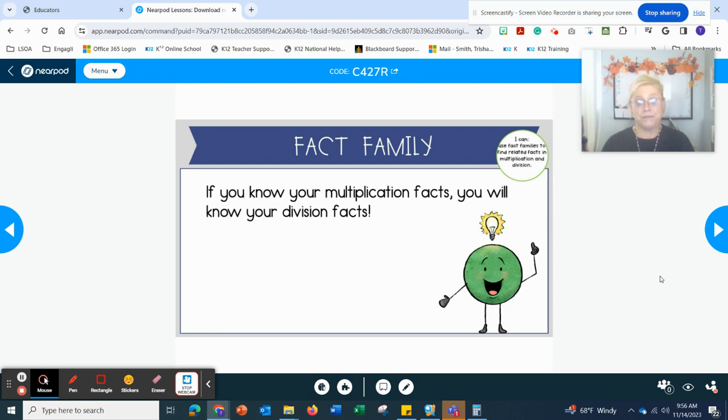I have to visualize it. To this day, it's so much easier for me to picture it out and model it out. But if you can develop the automaticity, you're going to get through these so much quicker. That's why doing the 99 math is so much better, because it helps you develop the automaticity. So work on knowing your multiplication facts.